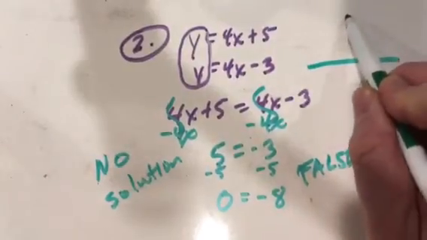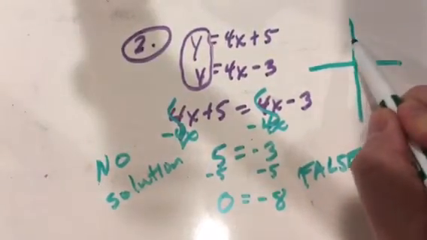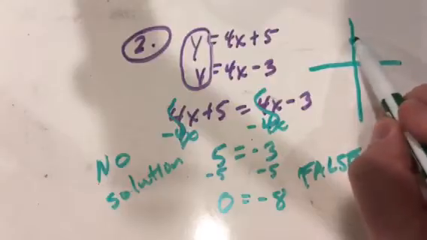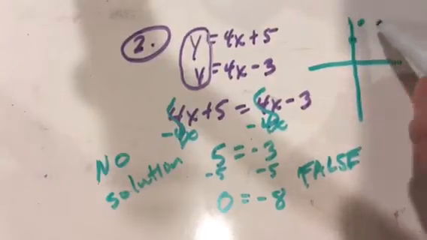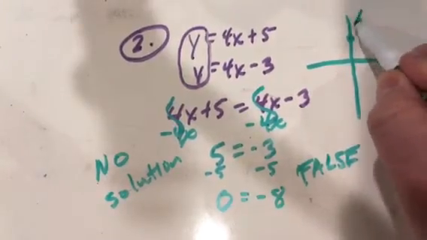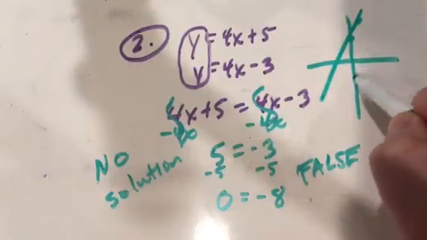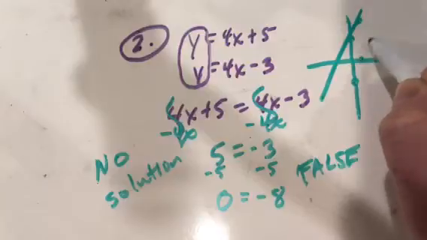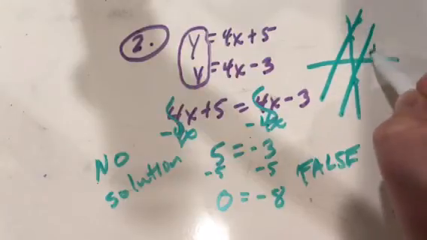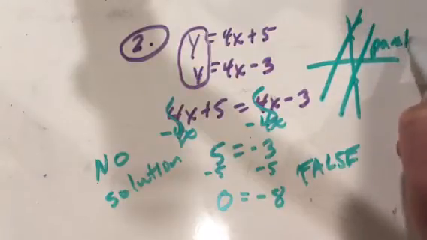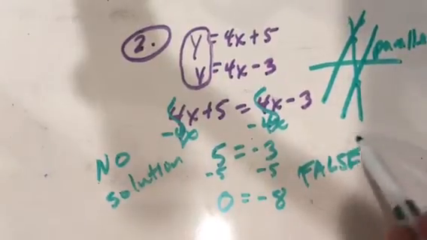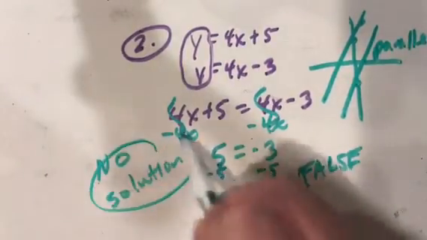And honestly, this is not hard to illustrate at all. Both of these lines are already in slope-intercept form. One of them goes through 0, 5, and then you go up 4 over 1. And I'm just doing the eyeball method here. But then one of them starts at negative 3, and you go up 4 over 1. They're parallel. They never cross. That's why it's no solution.